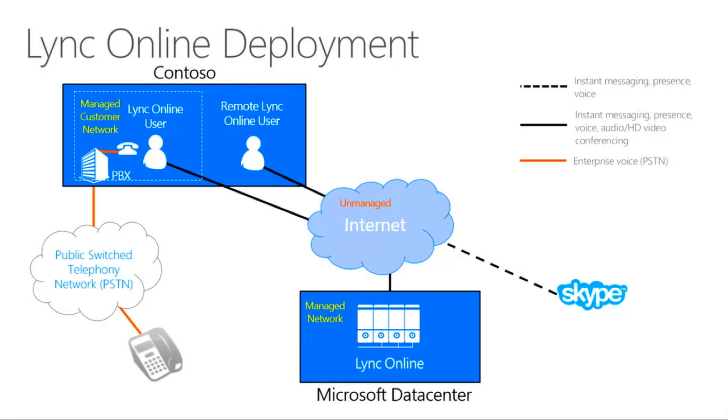On an on-prem deployment, I have the servers, I have real internal users, who are connected directly to the servers through my network. And I have just a fraction of the users who are external and are connecting to my edge servers that I manage.